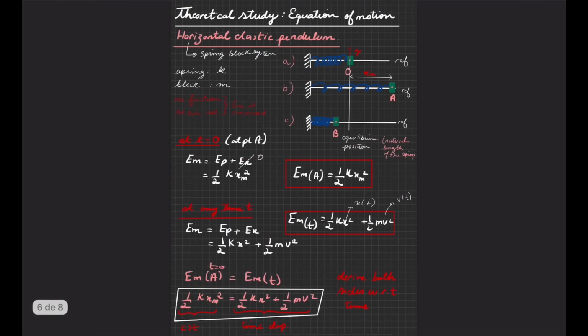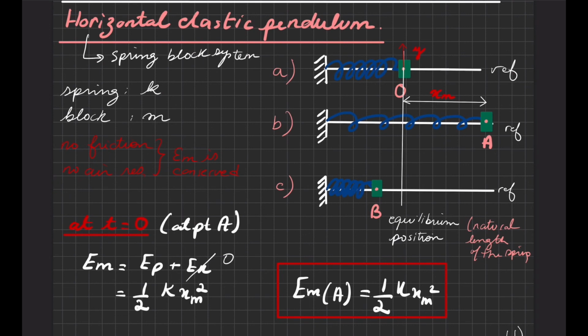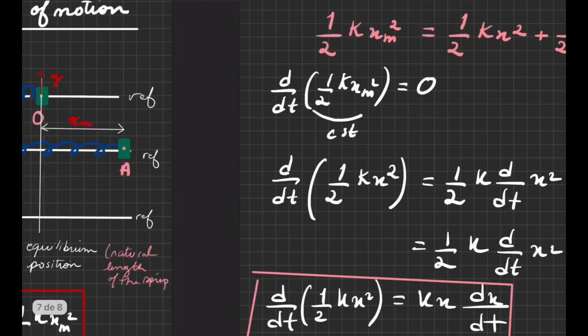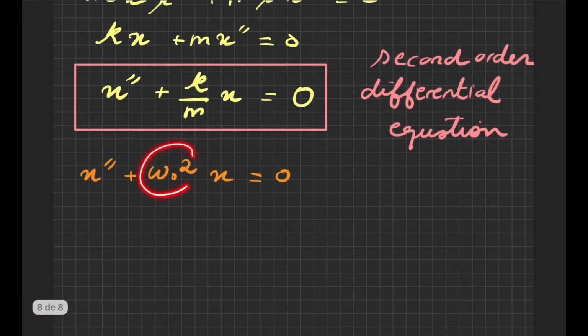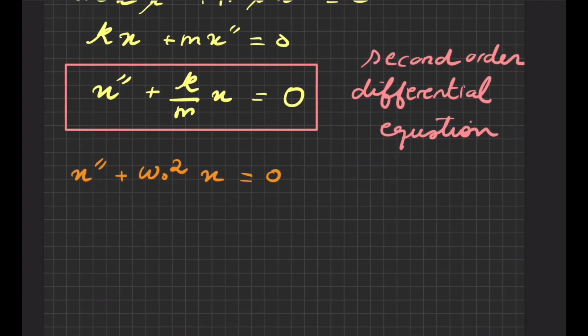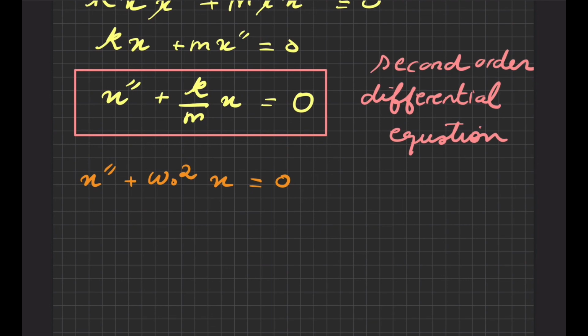It's an oscillatory motion, back and forth, so it has a frequency. Omega 0 is just the angular frequency. For now, I just want you to take it as it is. x double prime plus omega 0 squared x equals 0. That's our equation. Let me put another rectangle.